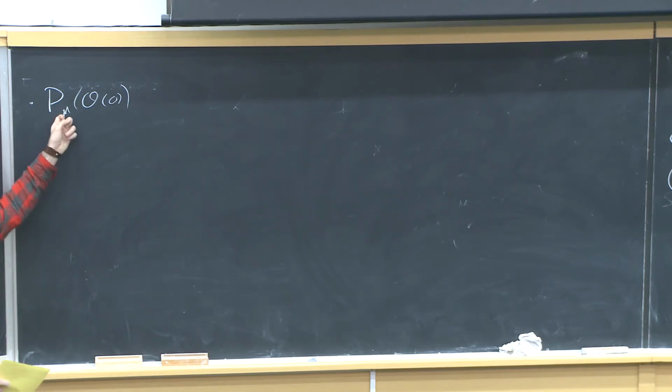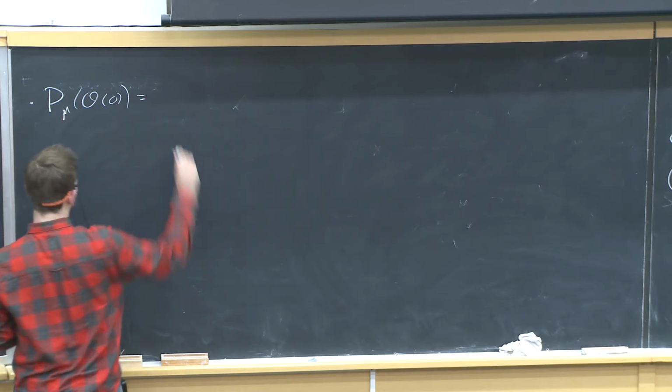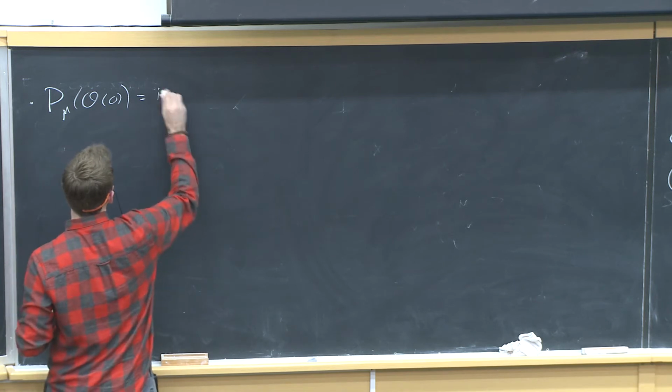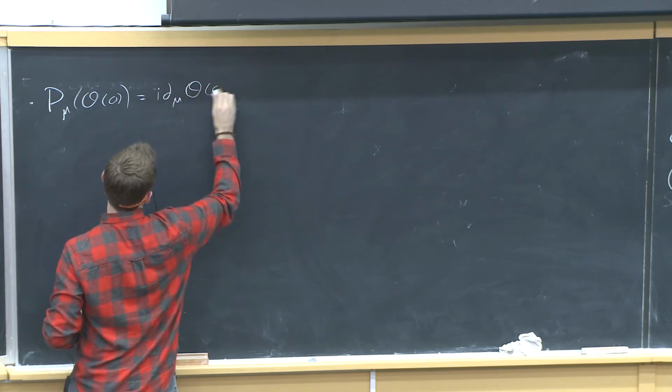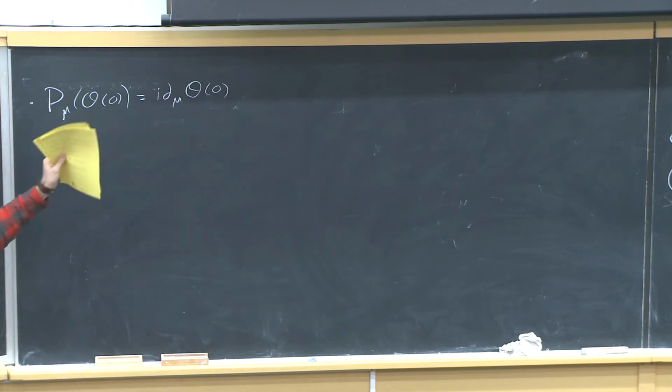So if I act with one of these momentum generators, from the language I've been using, you know that the answer is going to be that it just gives the derivative. And that actually follows from this Ward identity I wrote down for the conservation of the stress tensor earlier on.